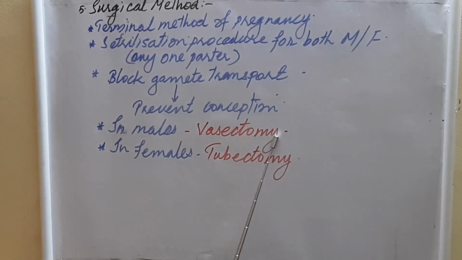Vasectomy means a part of the vas deferens is cut and tied, whereas in tubectomy, the oviduct from both the ovaries are cut and tied.